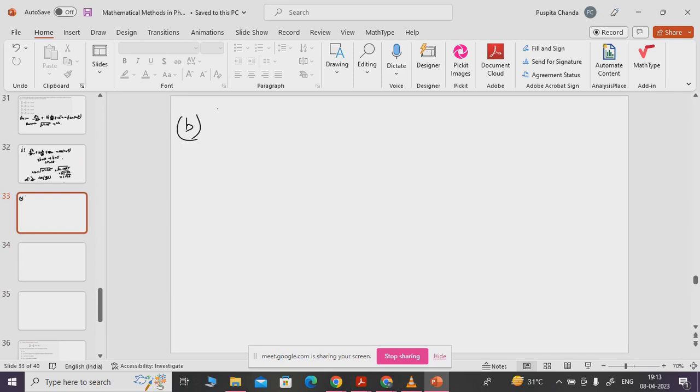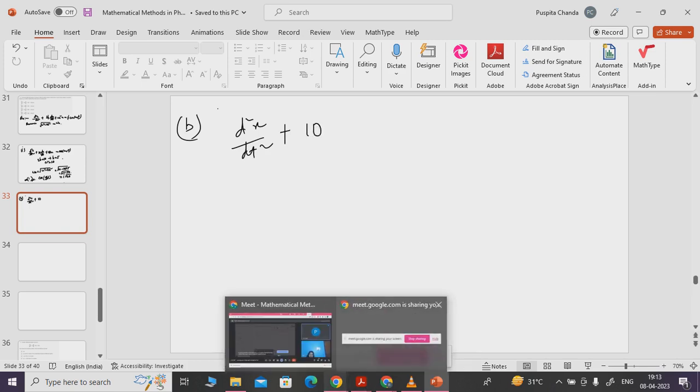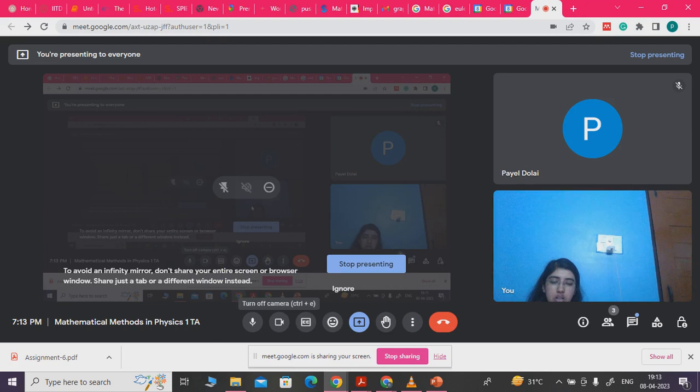So move on to the next equation, which is d2x by dt square plus... Yes, hello. Tuned means that if it is not in resonance, you can make it come to resonance.